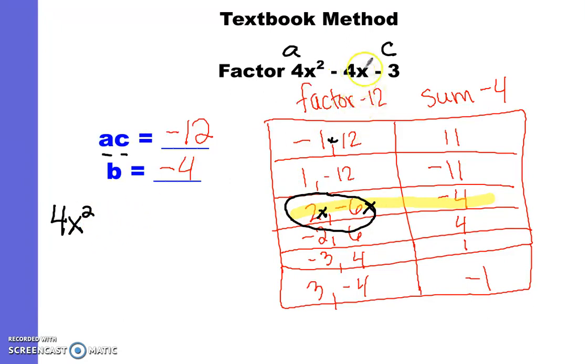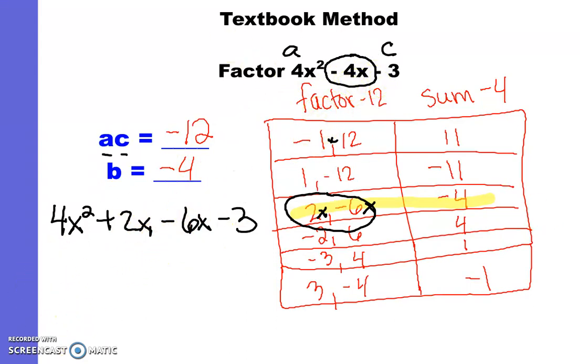We're just splitting this up. So plus 2x minus 6x minus 3. So we haven't changed anything, we've just changed this to two terms. And when I add them together, I do get negative 4.